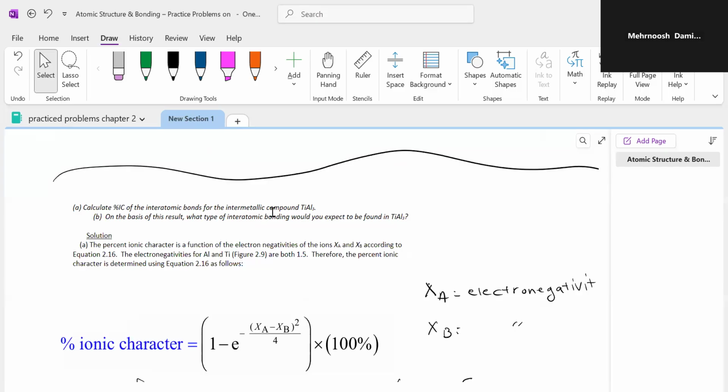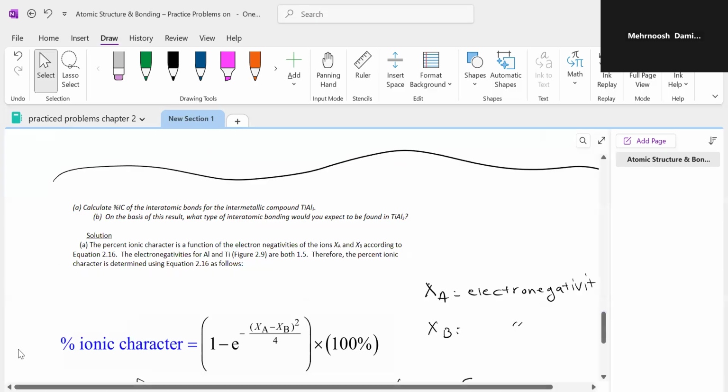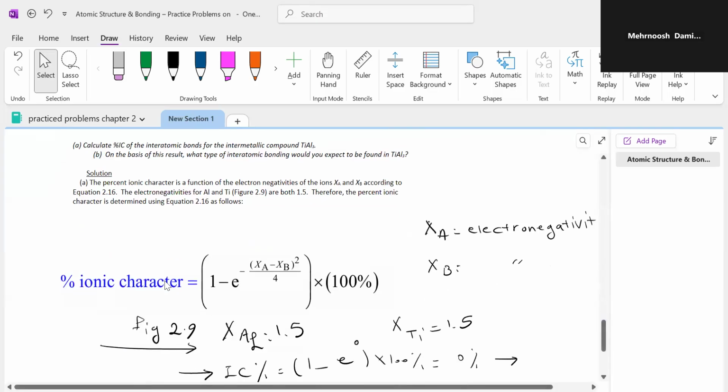Okay, if you remember, we had one equation that says, when we are not sure that it is completely ionic bonds or covalent bonds, find how much percent is ionic and how much percent is covalent. The equation is 1 minus e to the minus (XA minus XB) squared per 4. What is XA? It is the electronegativity related to material A. And what is XB? The electronegativity related to B.